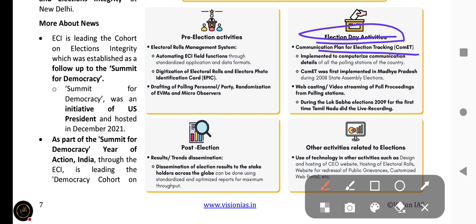Electronic tracking was first implemented in Madhya Pradesh. You can remember this. The communication plan for election tracking was first implemented in India in the state of Madhya Pradesh during the 2008 state assembly elections.